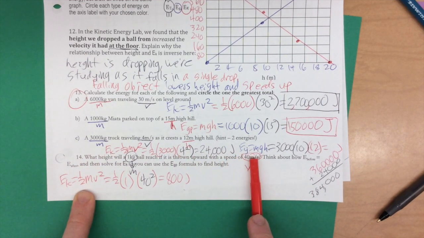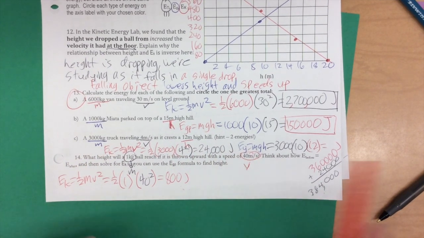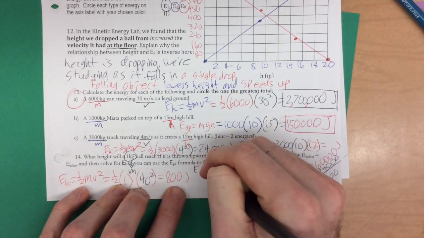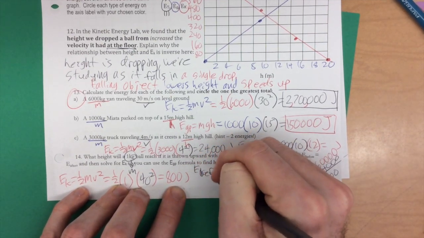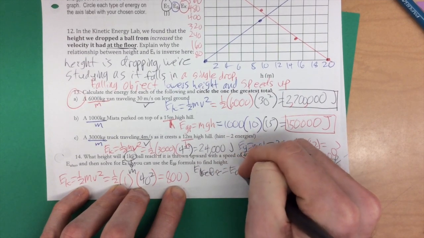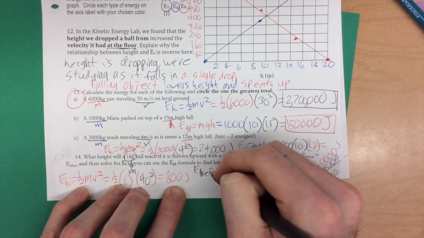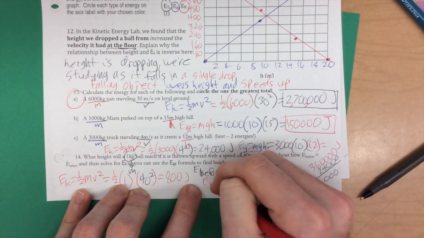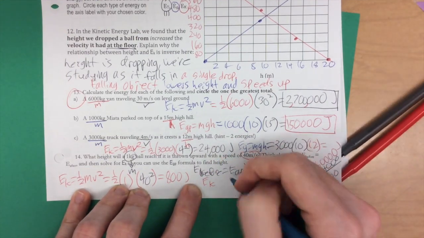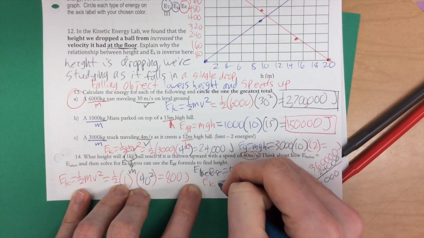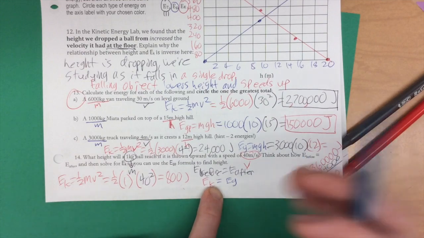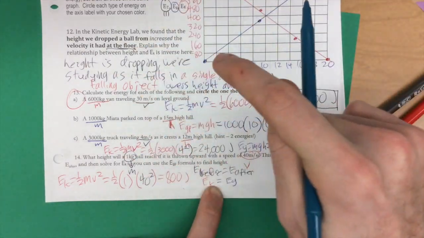If I throw something up, the kinetic energy is going to turn into EG by the end. So this number is now my EG at the top of the arc.